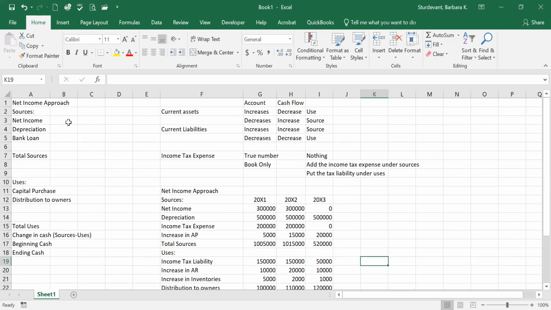And no matter how complicated your income statements are, you only want the net income number and the depreciation number. By taking the net income number in, you've already taken care of everything else that's in the income statement. This is all you want.